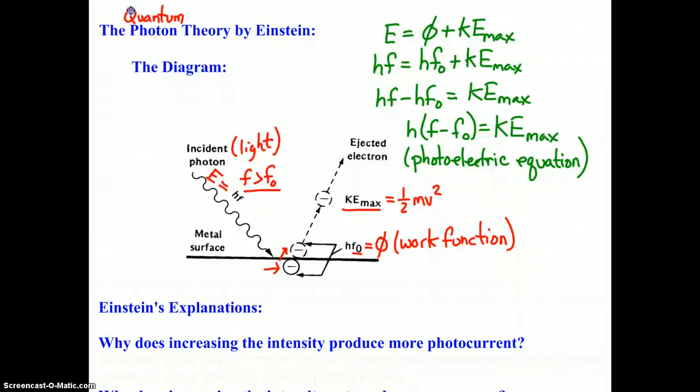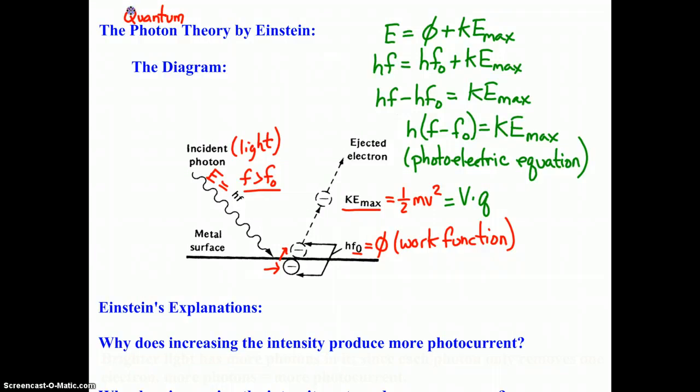They were able to come up with a way to calculate the energy required to just remove the electron, which is called the work function. And they were able to come up with a way to measure the leftover amount imparted to the electron in the form of kinetic energy, which is equal to 1/2 mv squared, which, by the way, I will remind you, is also equal to the stopping potential times the charge of the electron itself. Okay? So all of this work had already been done.